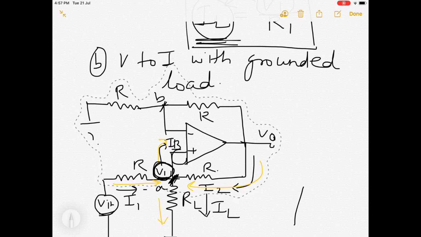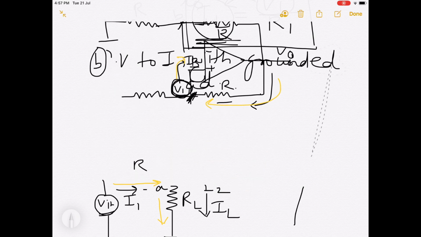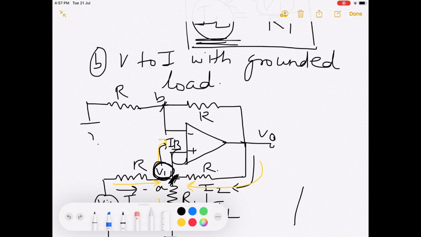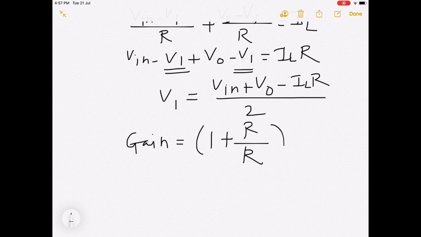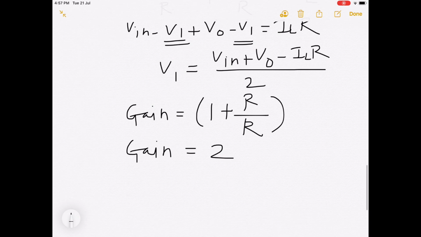So, it is non-inverting amplifier. Therefore, the gain of the non-inverting amplifier can be written as 1 plus R upon R. So, it will be 2. So, gain is 2.